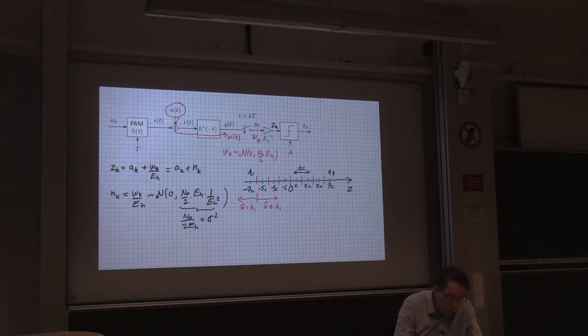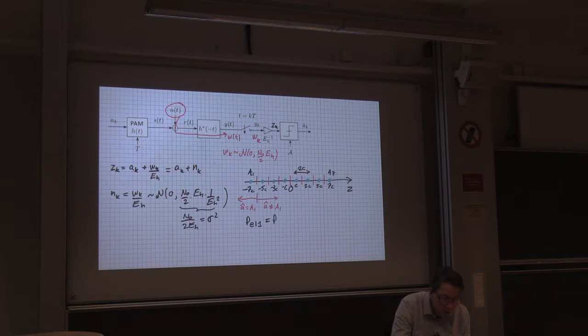So the probability of error, symbol error, if we transmit the first symbol, is denoted like this: P subscript E, vertical bar, which means conditioned on the fact that we have transmitted symbol number 1.